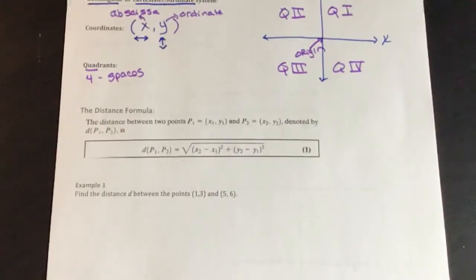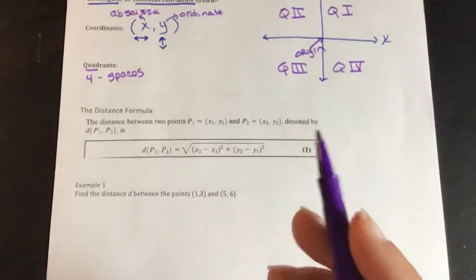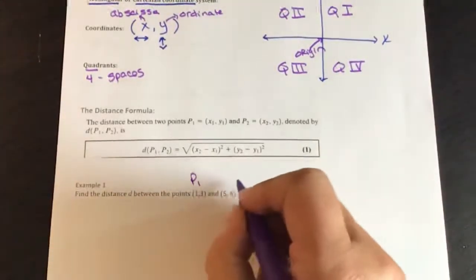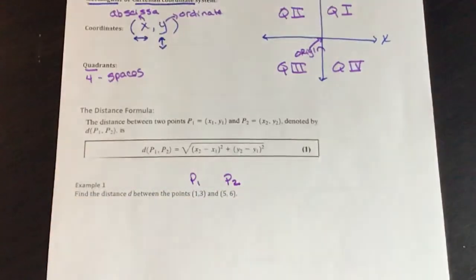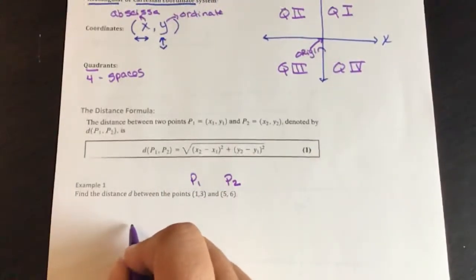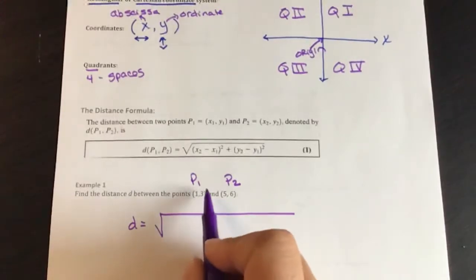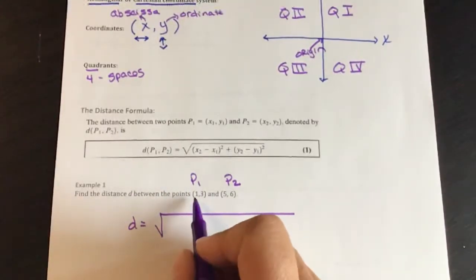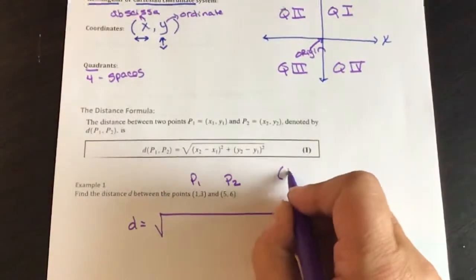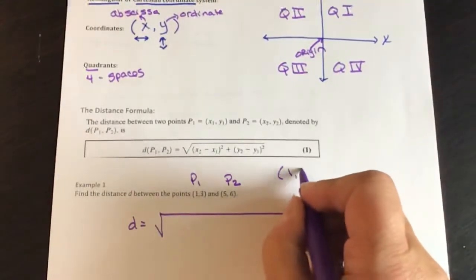All right, so here's an example. It says to find the distance between the points (1, 3) and (5, 6). So I can call this point 1 and this one point 2, and it doesn't matter which one is which. And if I apply this to my formula, if I call this point 1, I'm going to write this over here, (1, 3).